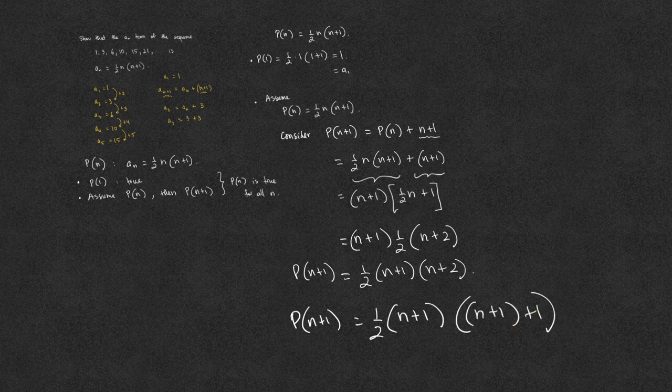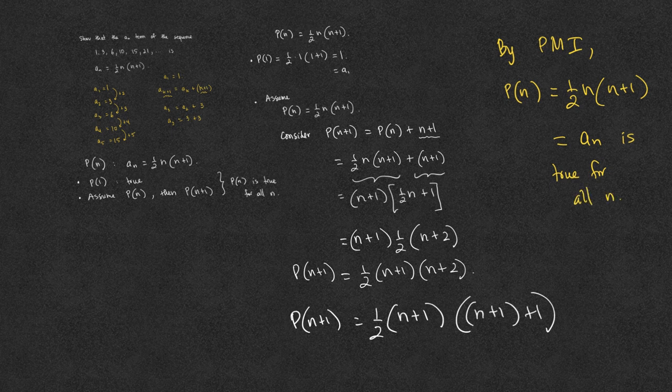Since both of these two cases are true, the base case p sub 1 and the induction case where p sub n implies p sub n plus 1, we conclude that by the principle of mathematical induction, the statement p sub n equals 1 half times n times n plus 1, which is the formula for the n term, is true for all n. This is an example of a proof using the principle of mathematical induction.